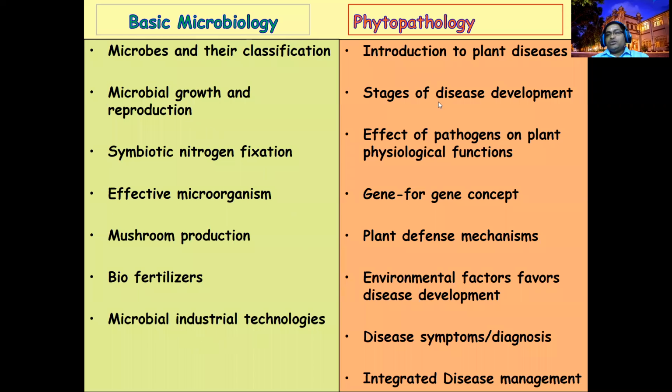And in the plant pathology sections, you all know plant pathology is the science of studying the pathogens that cause disease on plants. That is what we call plant pathology.